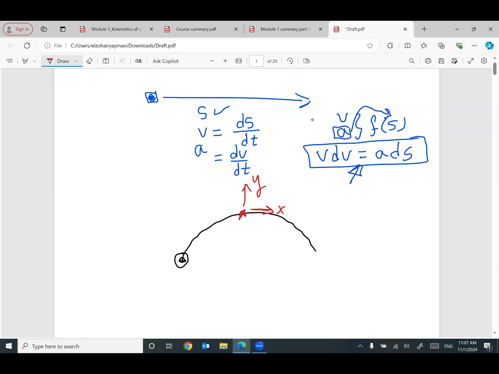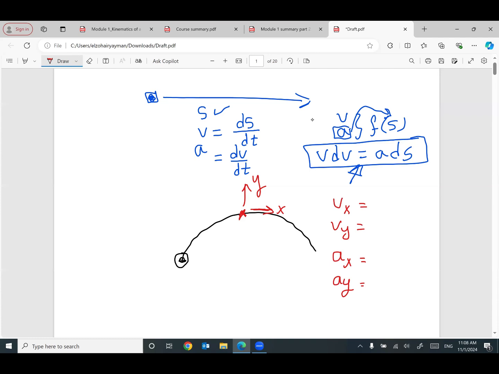X may be a function of time, Y is a function of time, or something else. So at any position, I will have Vx and Vy, and Ax and Ay: two components for the velocity, two components for the acceleration.